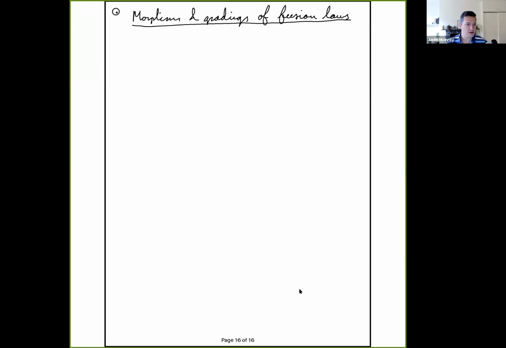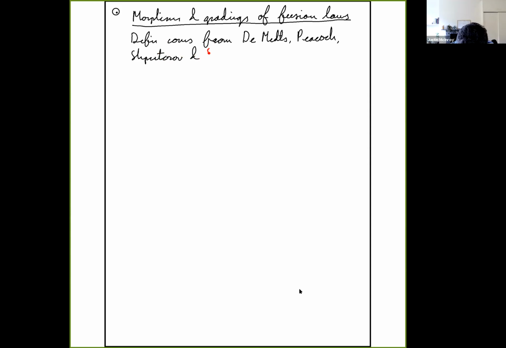So just a note here that this definition is the more recent definition, which comes from a paper by Demetz, Peacock, Shpectorov, and Van Kouwenberger.